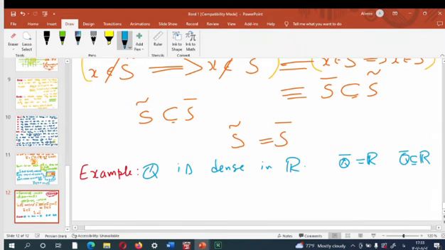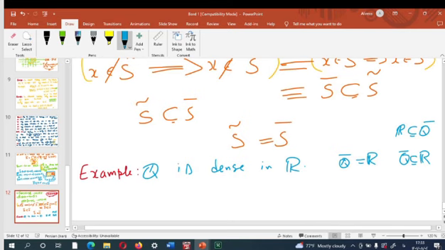So we must prove this relation for this equality.